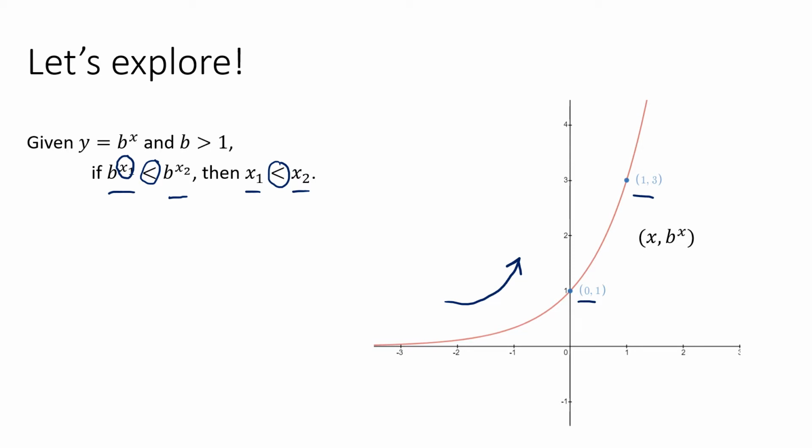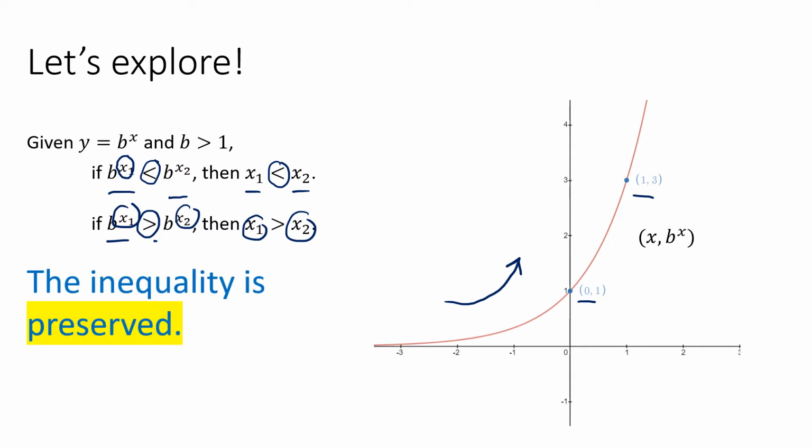Now let's look at another case. If b to the x1 is greater than b to the x2, then x1 is greater than x2. So these two statements, when we summarize, say that when working with exponential inequalities with b greater than 1, the inequality is preserved.